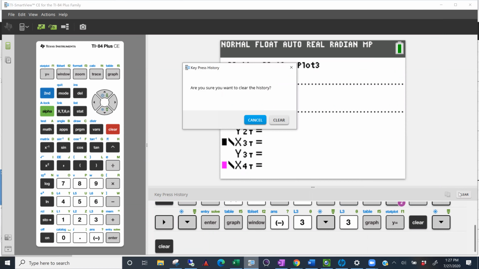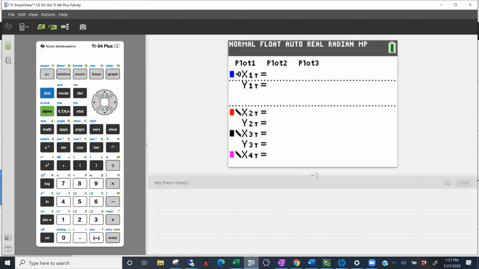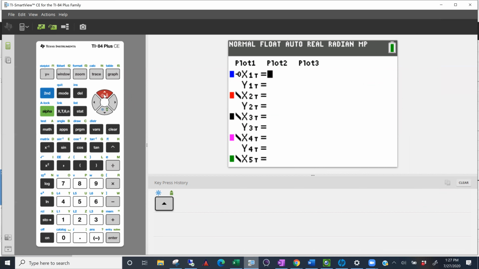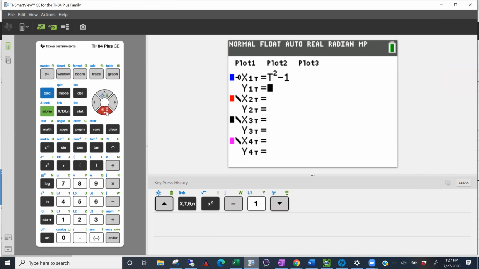I like to clear this out so that we have a fresh key history that you can look at and refer to if you need to. So back up to here. x was t squared minus 1, so t squared minus 1. Then a down arrow, t plus 3.